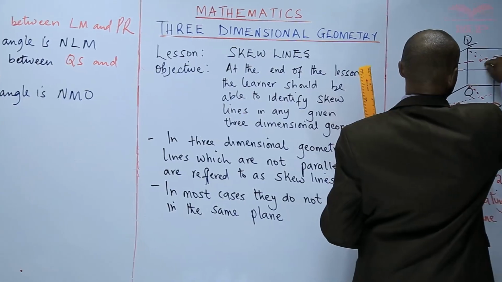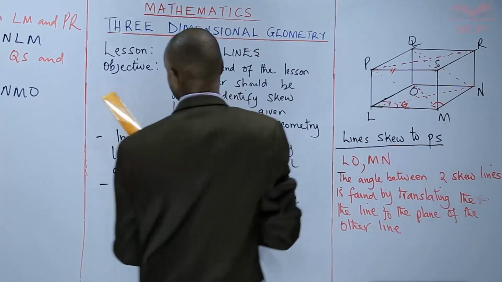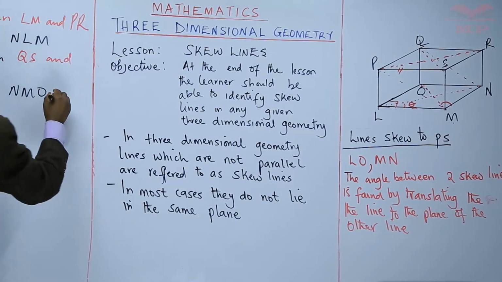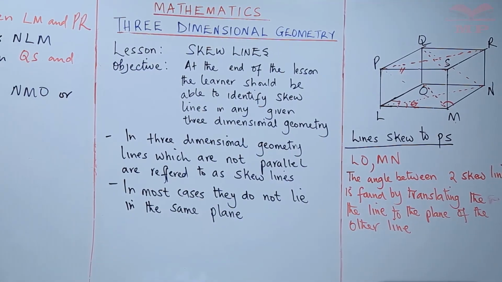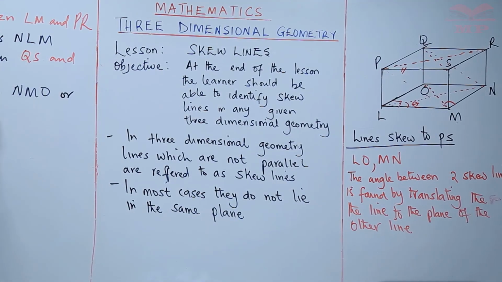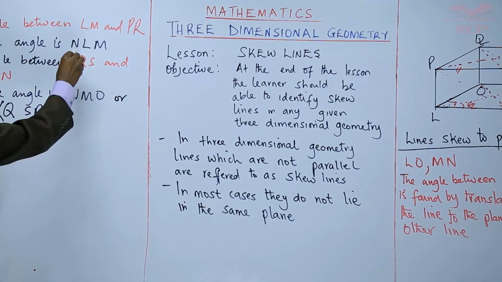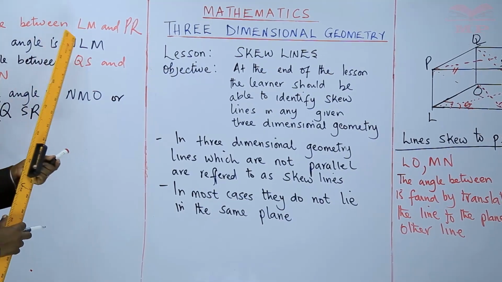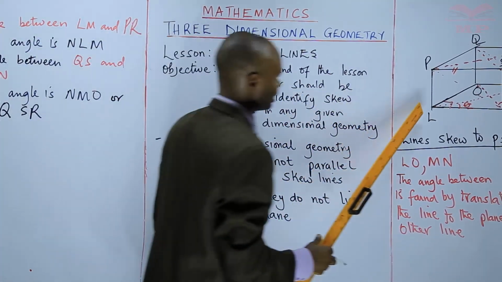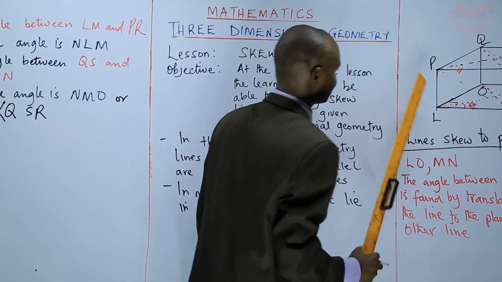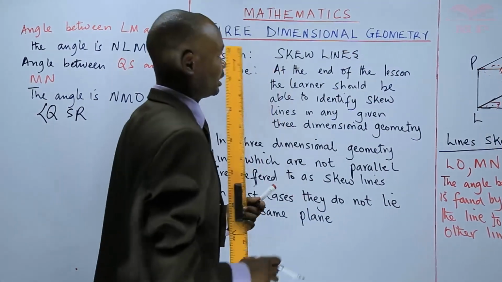You can still get the other angle as QSR. Let's look at the top. It was LM and PR. Can we find another angle? Yes.